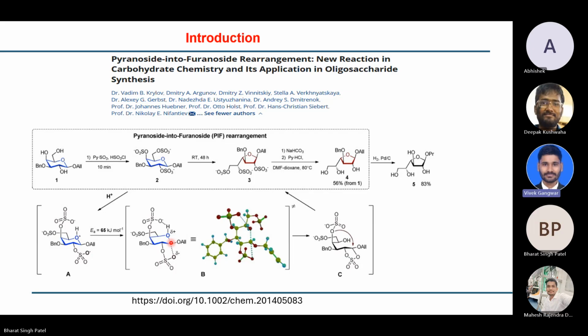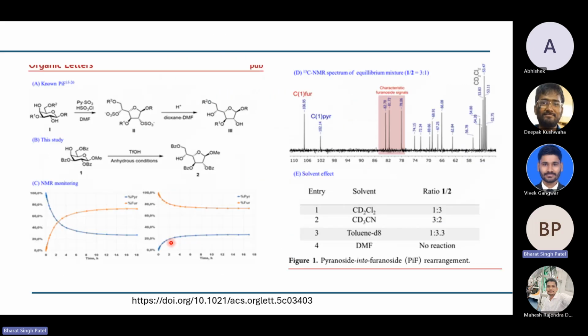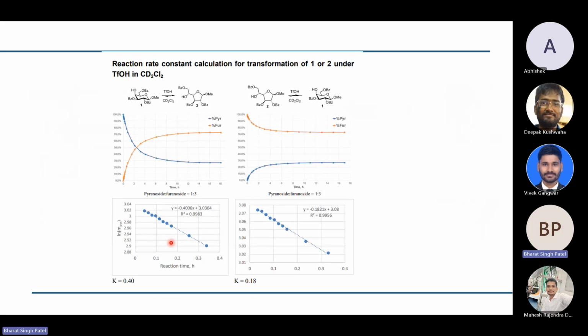In this reaction they are getting 83% yield. Is it in equilibrium with the pyranose ring? No. That's what I showed in the last slide. They took the furanoside under the same condition, and it was not coming back to the pyranoside.